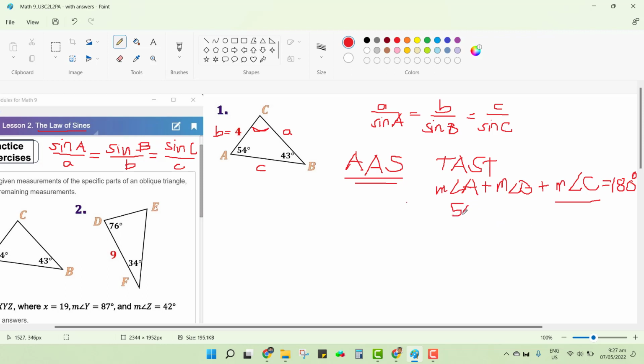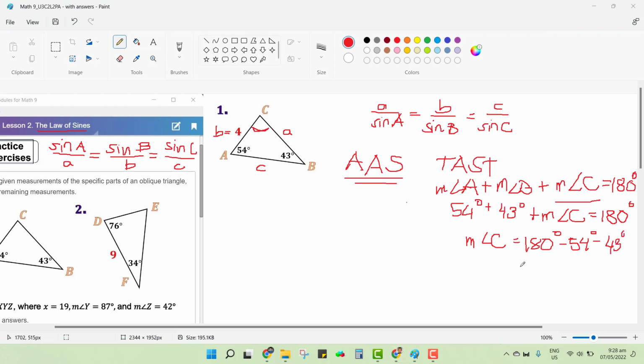You will have here 54 degrees plus 43 degrees plus the measurement of angle C is equal to 180 degrees. And you could subtract both sides. We have the measurement of angle C is equal to 180 degrees less 54 degrees less 43 degrees.